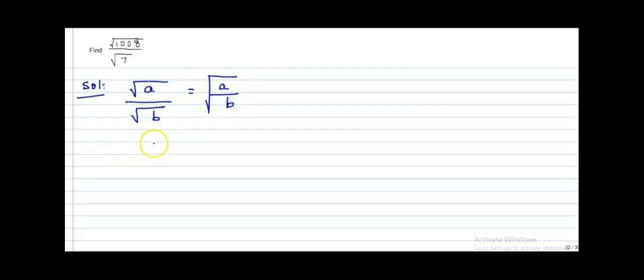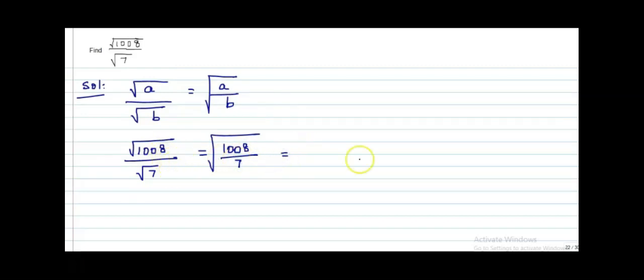Find out square root of 1008 by square root of 7. We need to recall the properties of squares and square roots. Root of A by root of B is equal to square root of A by B. Using this property, square root of 1008 by square root of 7 is equal to square root of 1008 by 7.